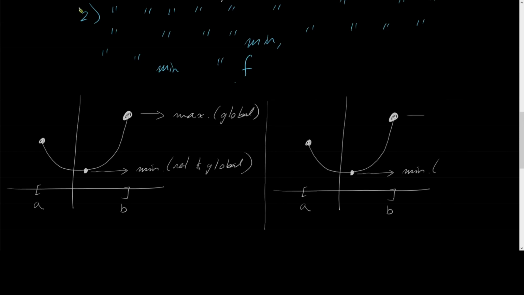The very first thing is we're no longer going to look at a closed interval. We're going to look at this as an open interval. And because it's an open interval, these points would not be included, so we would have open circles there. In here, there's no max, but there's still going to be a relative and a global minimum.